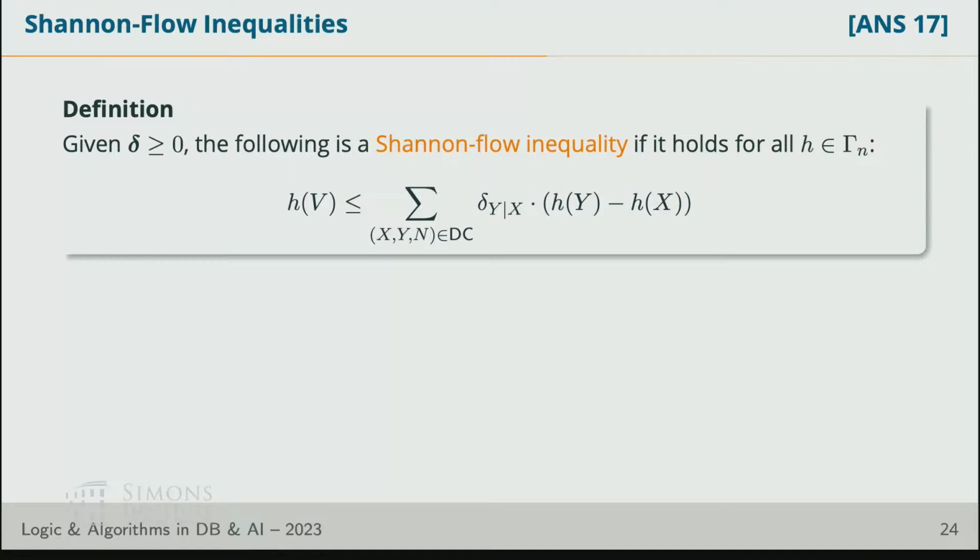So for some deltas, this inequality will not hold for every polymatroid. For some other deltas, it will hold for every polymatroid. And for those, we are going to call them the Shannon flow inequalities.